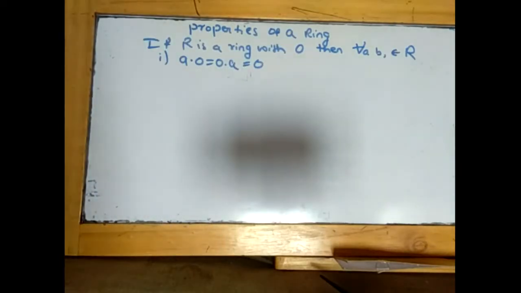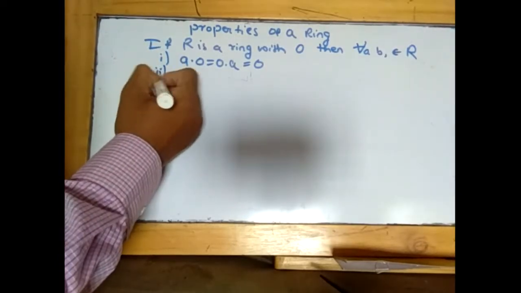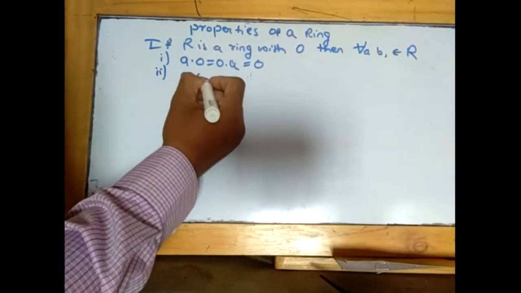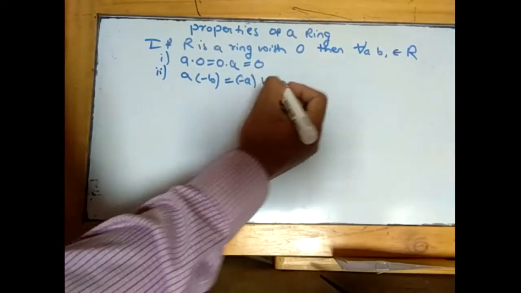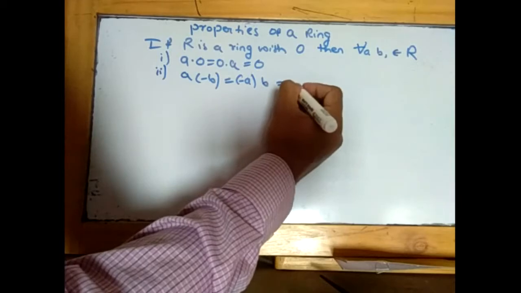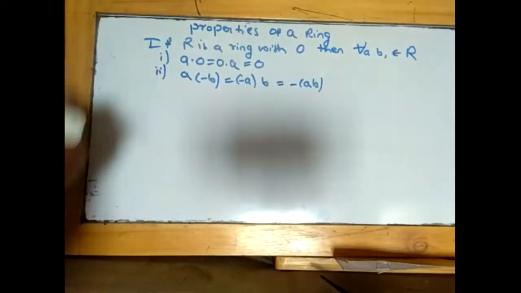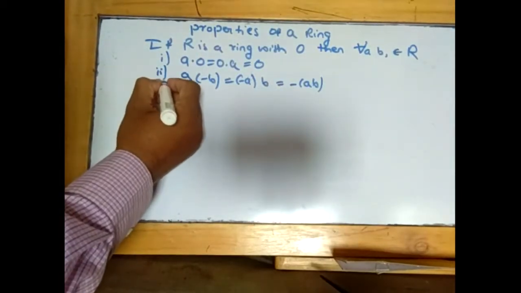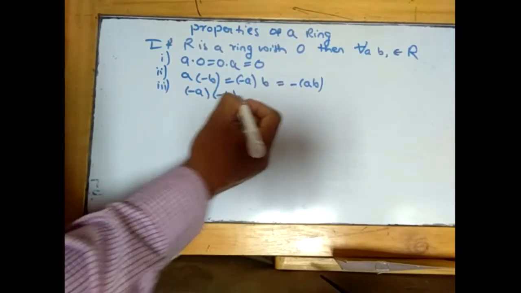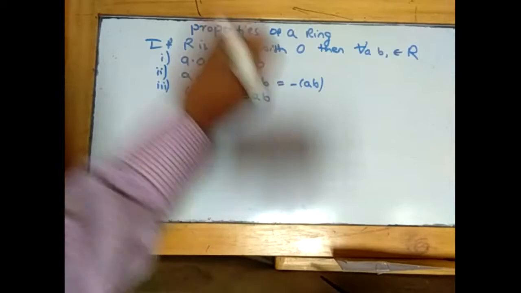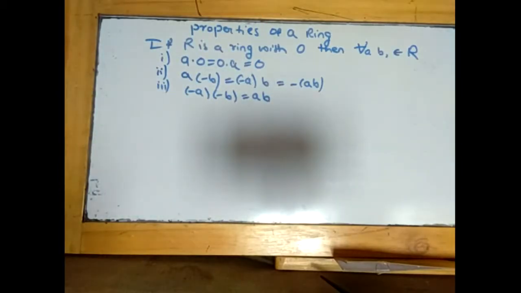Okay. And the second one is a into minus b is equal to minus a into b is equal to minus of ab. And the third one, minus a into minus b is equal to ab.